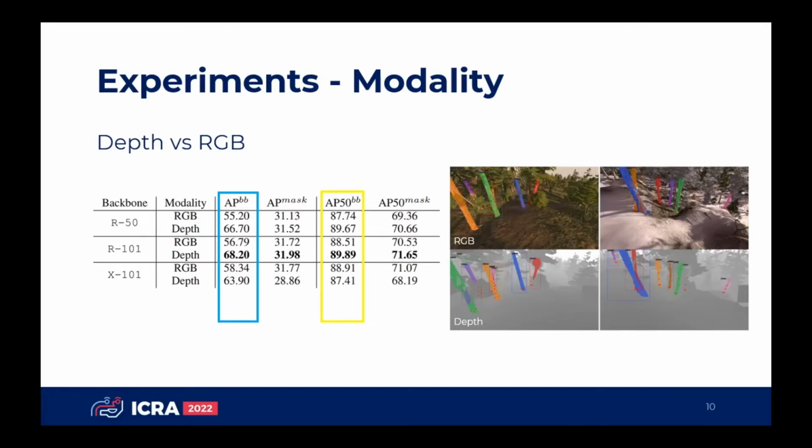In fact, it's only for the average bounding box precision in blue that we observe a big increase in favor of depth by 9.42%. This only means that on average, and for an intersection over union between 50 and 95%, the bounding boxes are better localized on depth images.